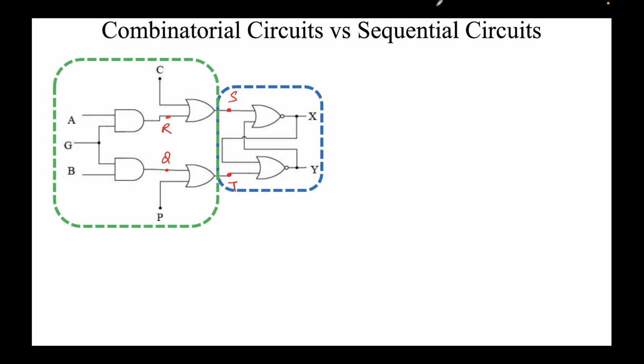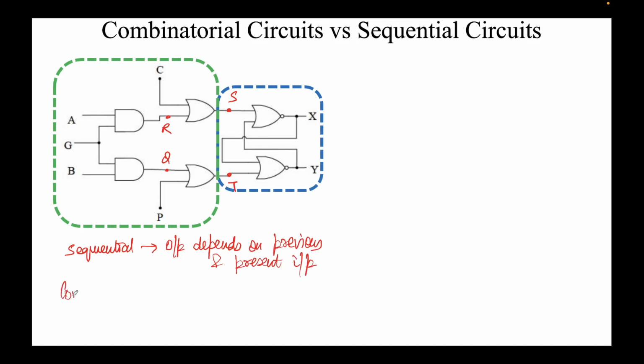So hence these are called sequential circuits, and I'll write this point: sequential circuits are those in which the output depends on previous and present inputs, while combinatorial circuits are those in which the output depends on the present values.